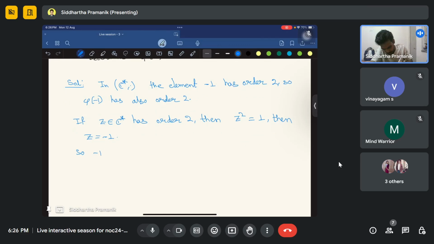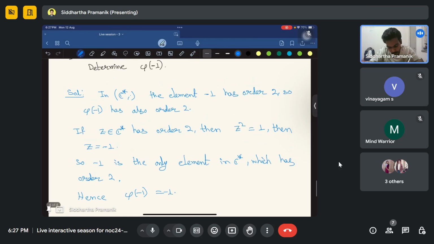So minus 1 is the only element in C star which has order 2. Hence, phi of minus 1 has to be minus 1.